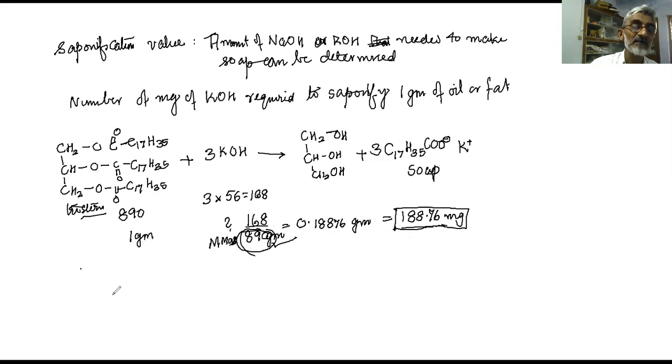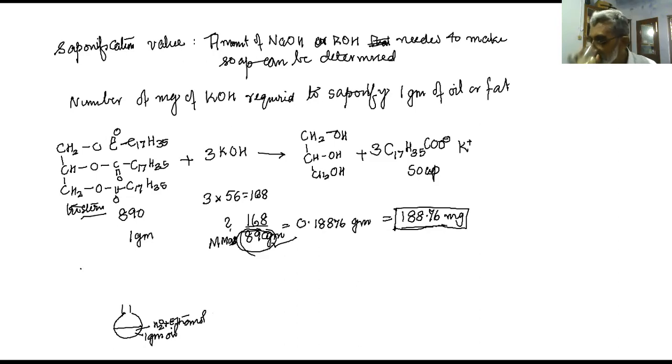Say, for example, you take about 1 gram of an oil, and add water and ethanol. Ethanol is added to make it soluble in water.